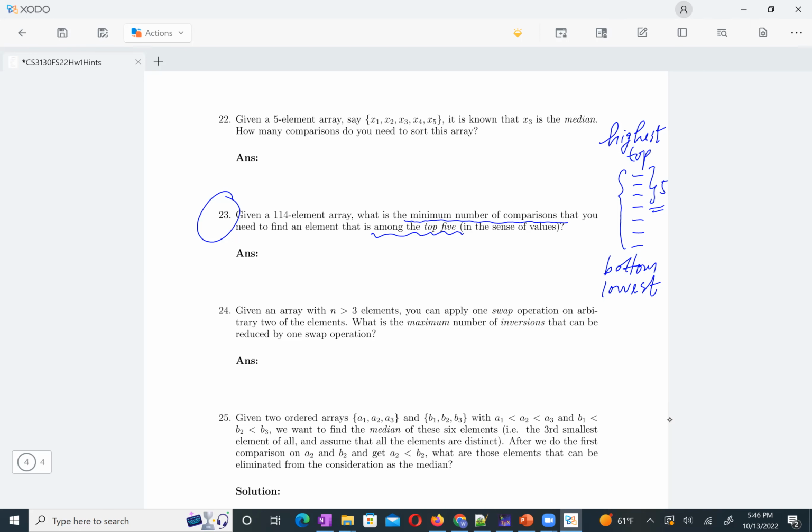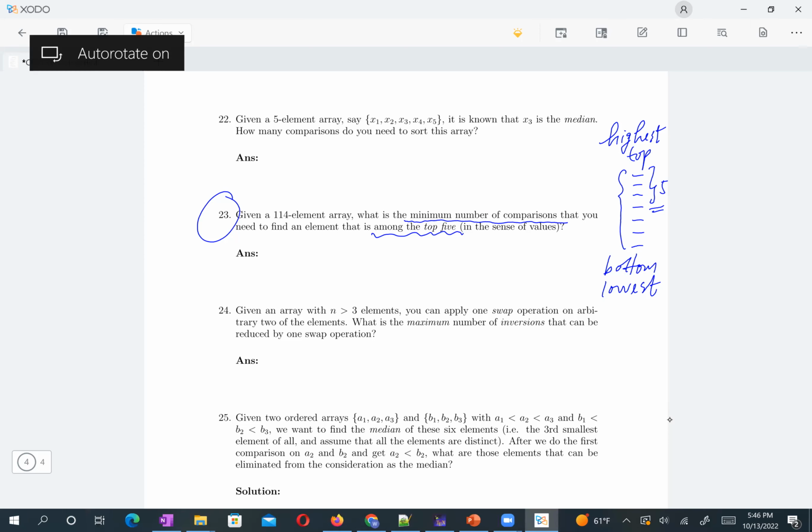The best way to find a solution here, you need to connect this question to some existing solution we have learned. So which one is closest to this one? Let me point that out.